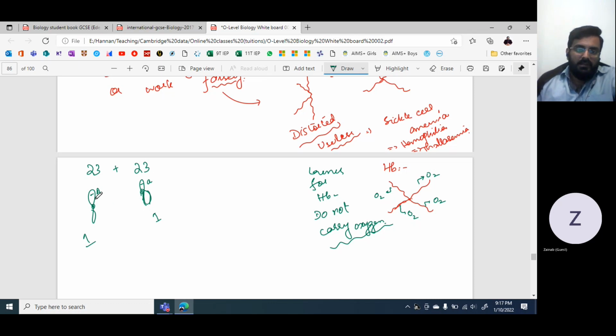This is the locus of gene A, and this is also the locus of gene A. But this is the form that is creating the proper protein, and this is the other form. Both of these are alleles. We did mention that the alternative forms of a gene present on homologs are alleles. So if one of the alleles is working and the other is not working, it is quite fine.